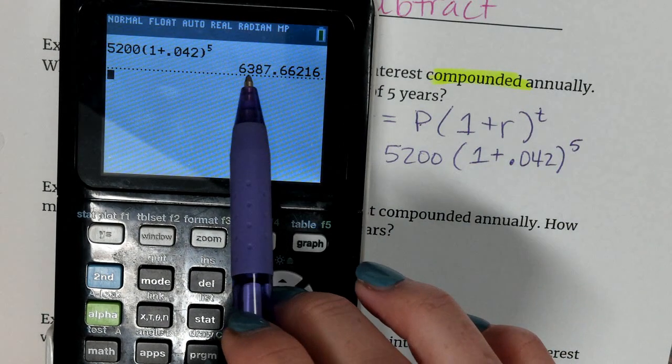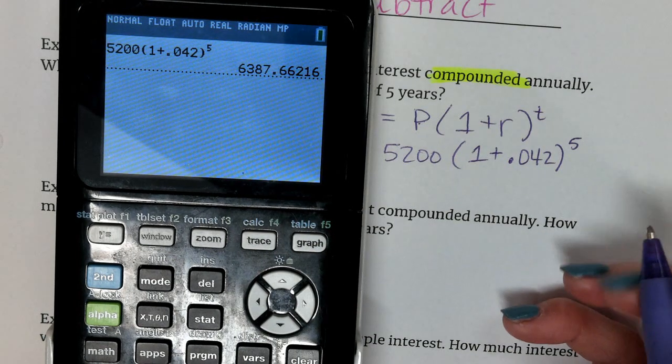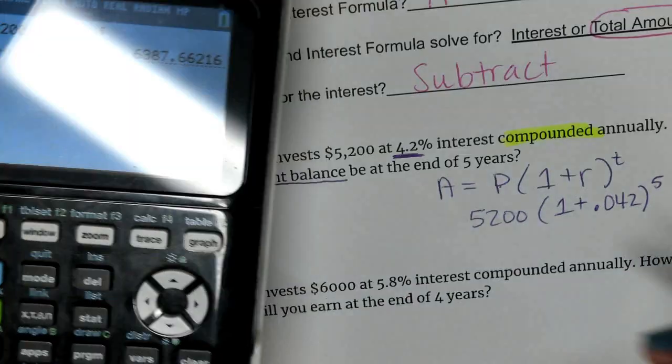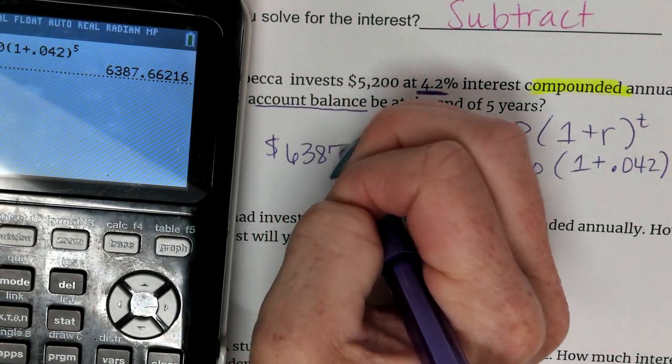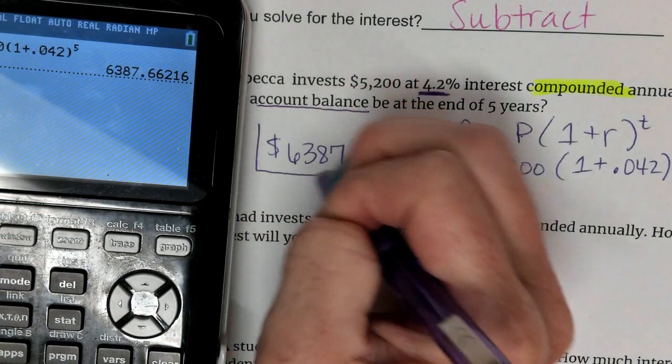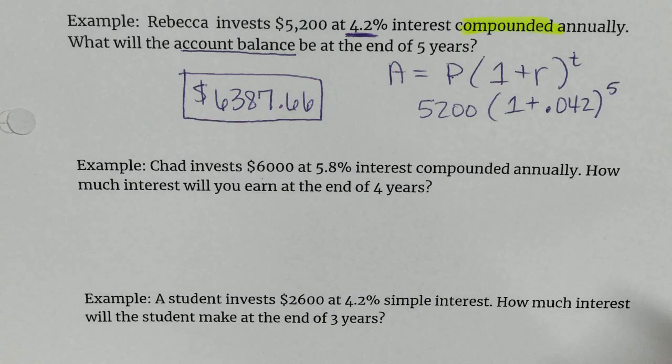So how much money does she have? $6,387.66. That is the answer. I don't have to do anything else. Okay, let's look at the next question.